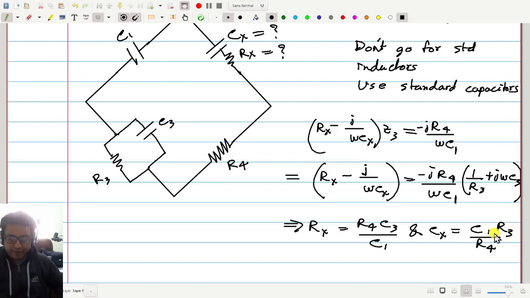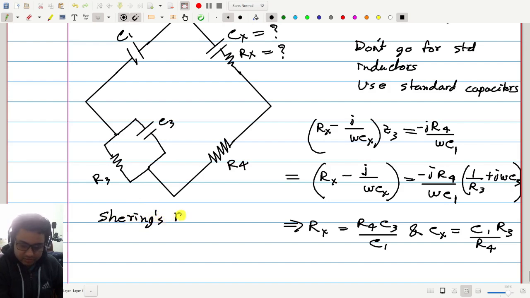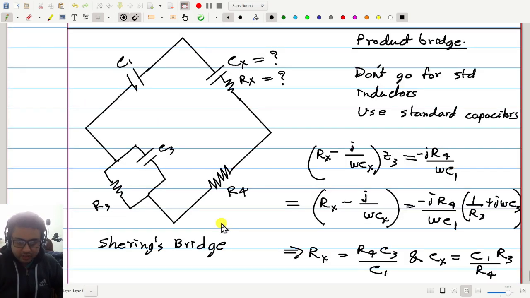Please check if I am correct. By the way, this bridge is called Schering's bridge. Spelling I'm not sure. You don't have to remember the name.